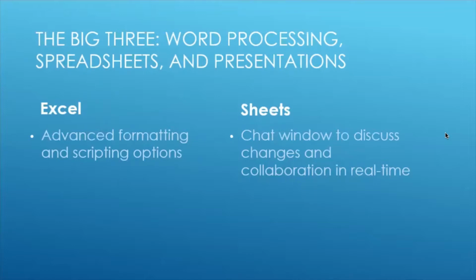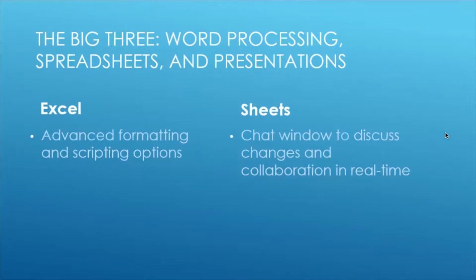But if you're looking to make that data more investigative, for things like pivot tables, there's no pivot table equivalent in Sheets. So if you're someone that has a lot of Excel notebooks and individual databases that work together, know that that functionality does not transfer over to Google Sheets.